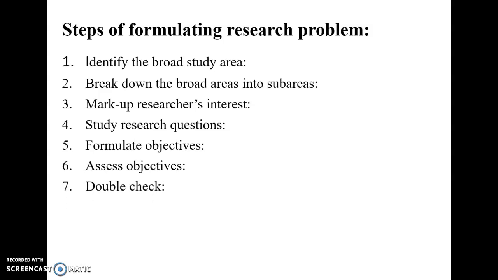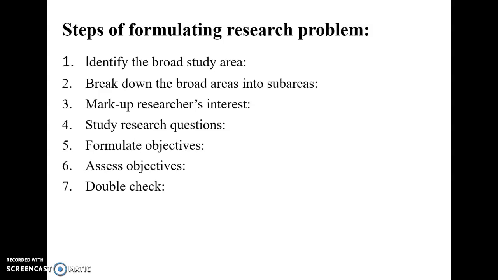Seventh step is to do a double check. The researcher needs to check back whether anything important is left behind or not. If anything is left behind, then it needs to be rectified.